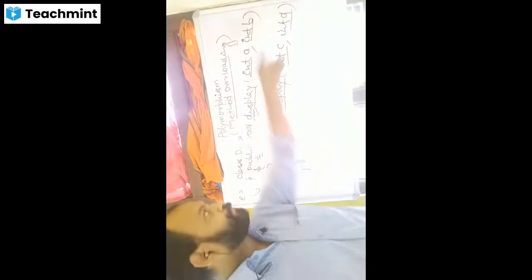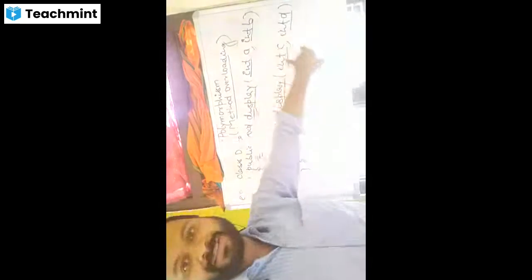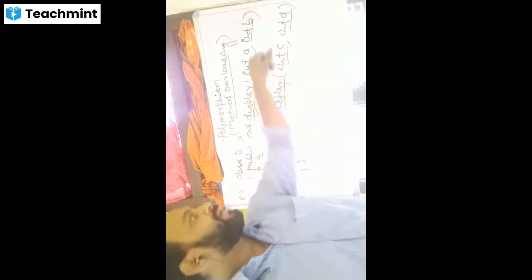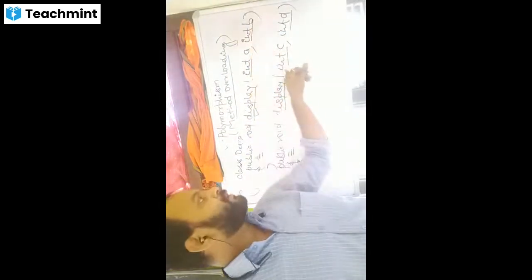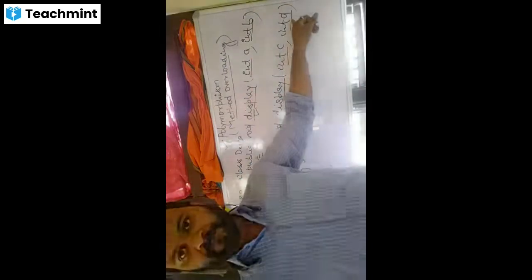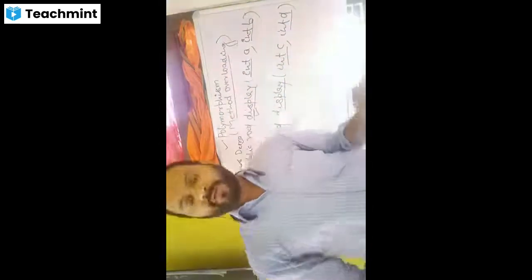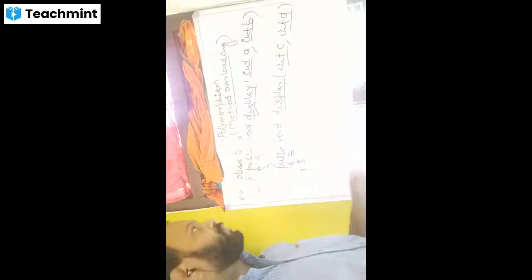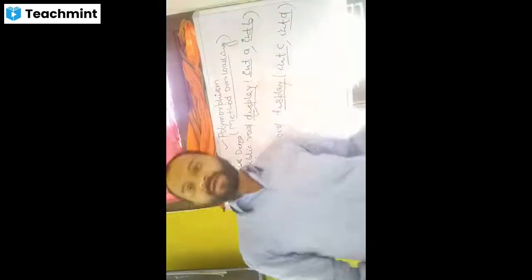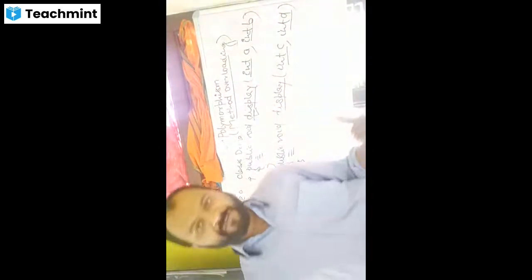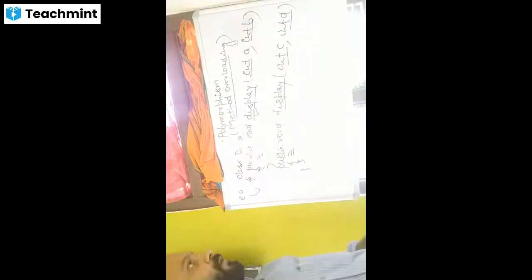Clear? It cannot be a method overloading example because you can see here int a, here int b, and here also int, here also int. So it is not method overloading because the type and number of parameters should be different. Clear?